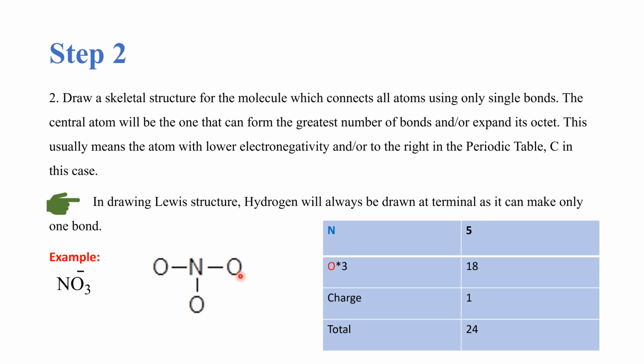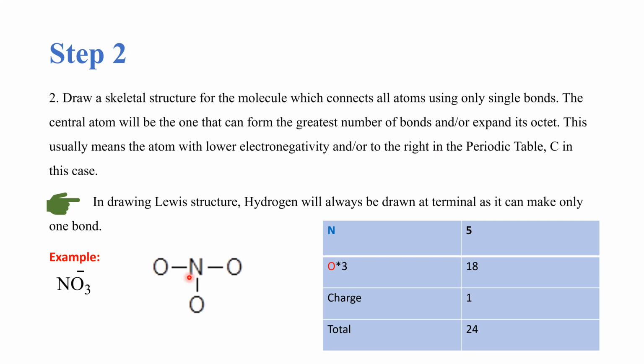If we compare the electronegativity, nitrogen has lower electronegativity compared to oxygen, or you can remember that nitrogen belongs to the fifth group, and oxygen to the sixth group. So you can see nitrogen exists more to the left than oxygen in the periodic table.